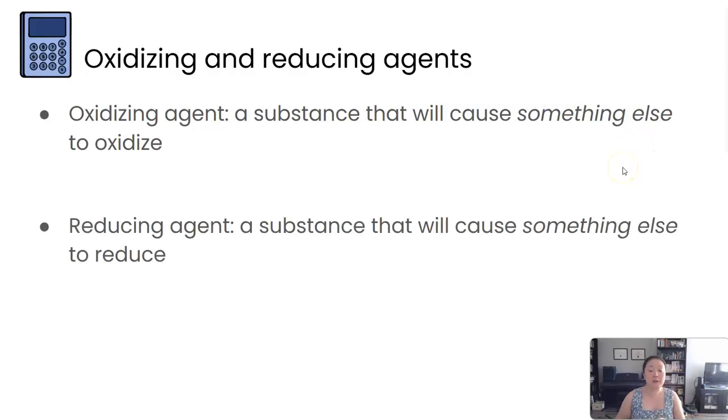And a reducing agent is going to be something that causes reduction in something else. So since an oxidizing agent is causing something else to oxidize, that means it itself is going to end up being reduced. And vice versa. A reducing agent causes something else to reduce, so it itself becomes oxidized.